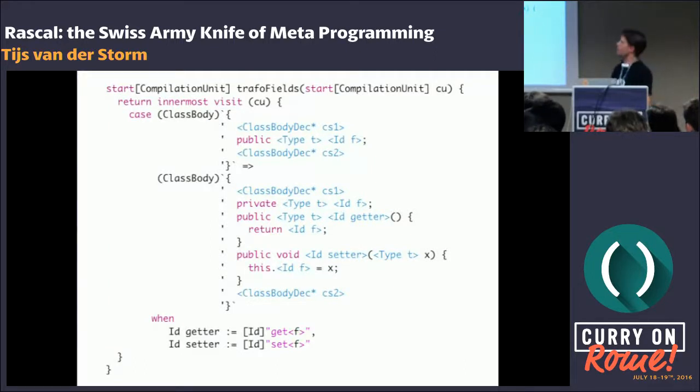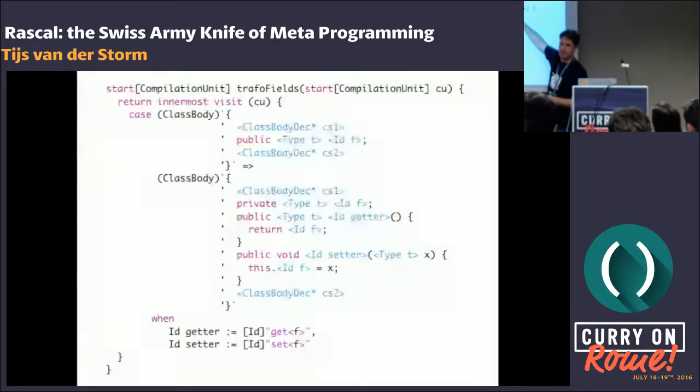For instance, comments outside this class body will just be preserved, outside of this pattern, so to speak. Currently, the comments are always in between things. So in this rewrite, the comments that are in between the class body declarations would have to be manually reinserted, because the term construction here creates new layout.